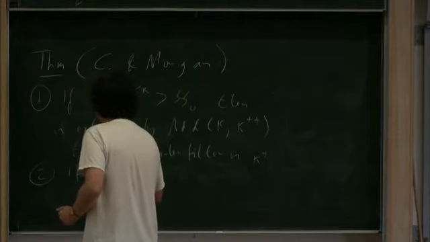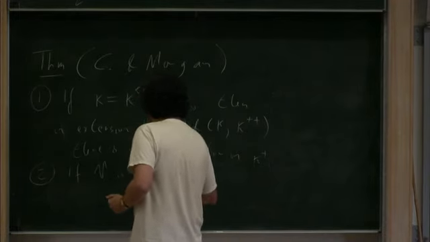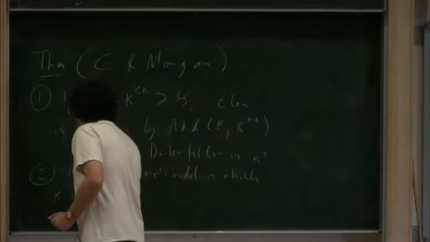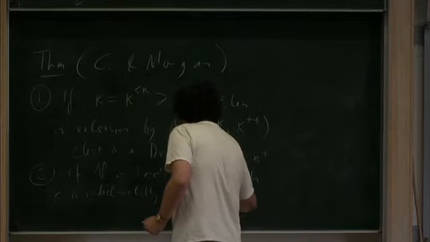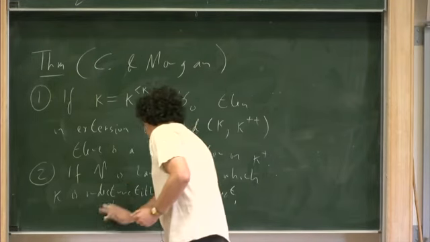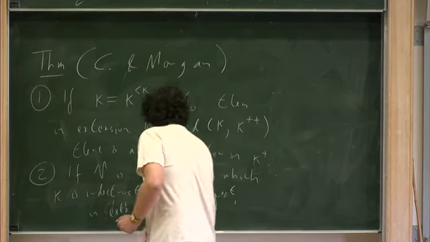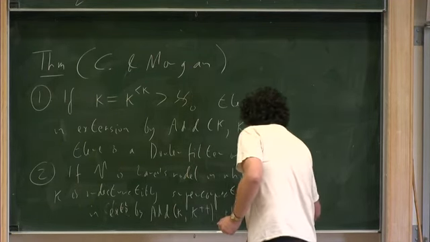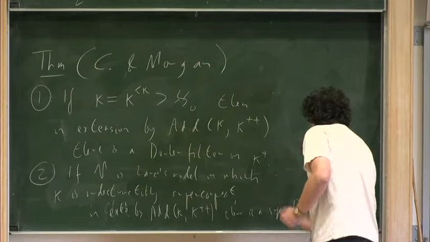I'm saying this rather cagily, so I want to say if V is Laver's model in which kappa is indestructibly supercompact, then actually, in the same extension, the extension by add kappa double plus, there is actually a Super-Dowker filter on kappa plus.